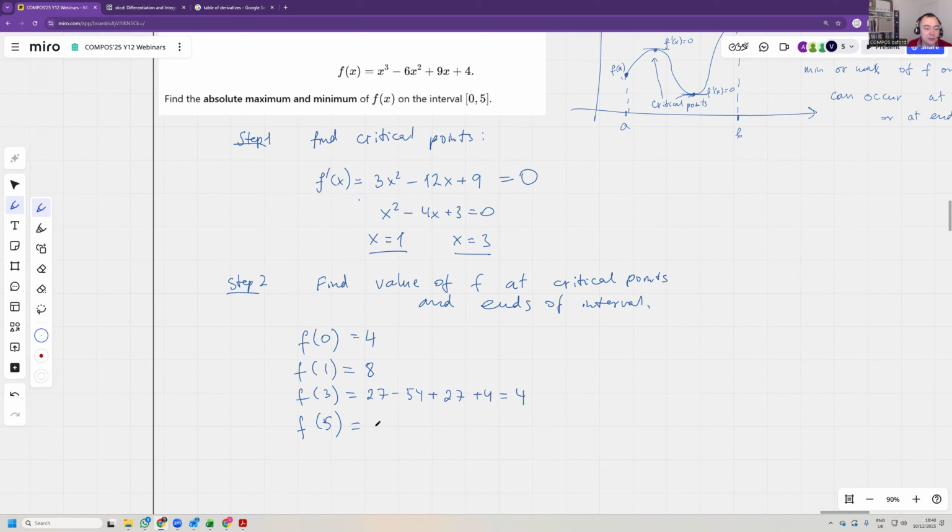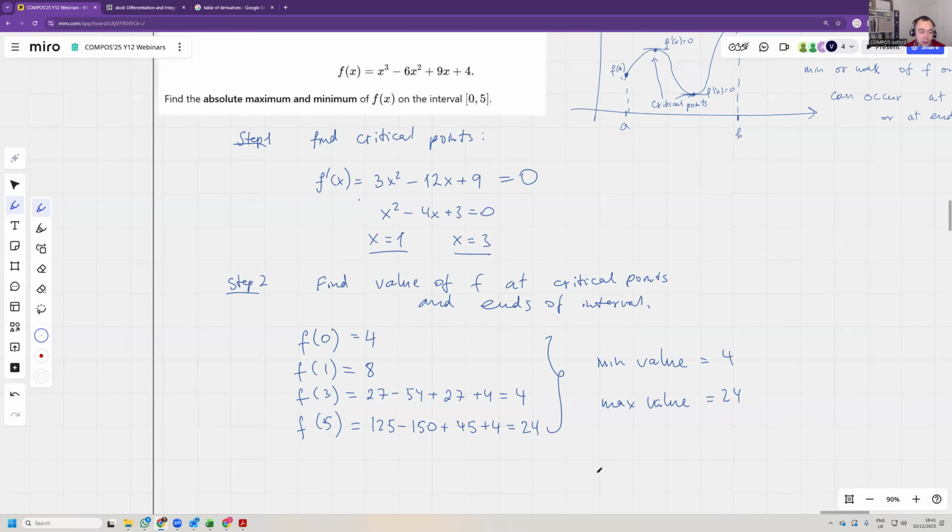And f of 5, that's 125 minus 6 times 25, which is 150, plus 9 times 5, so it's 45, plus 4, and that is 24. And then we choose the minimum value. Min value is 4. Max value is 24.